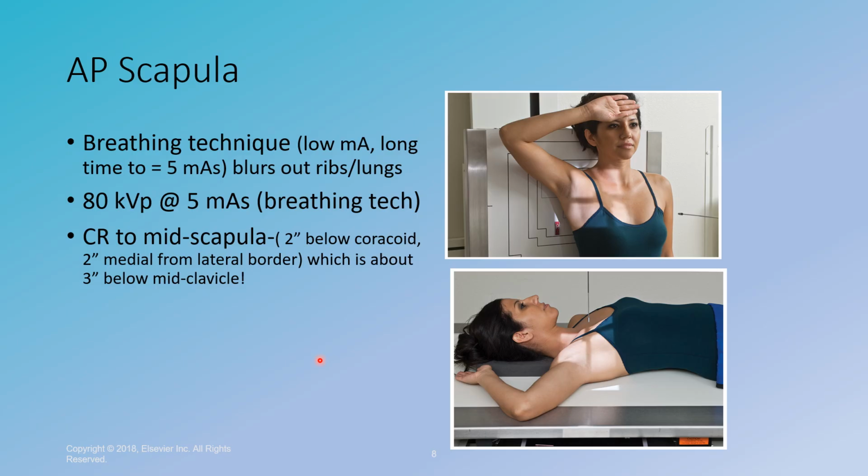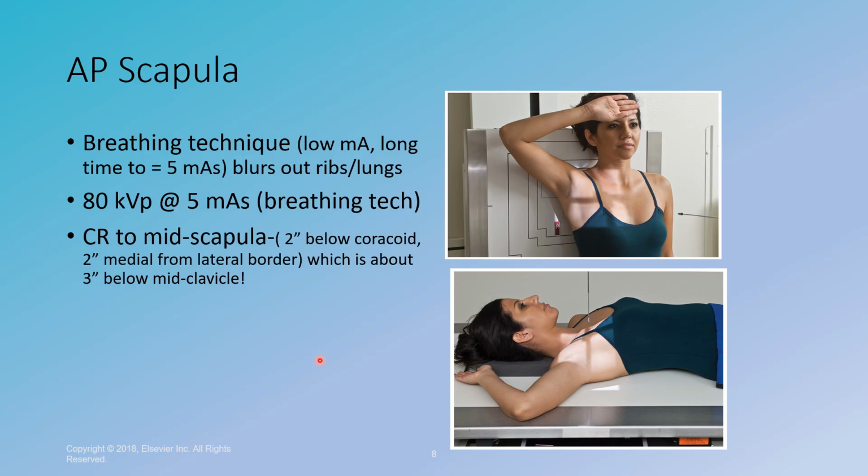Now, this particular image you do have to use orthostatic breathing with, which means you're using a low mA and a long exposure time, at least 3 seconds, but ideally 4 to 5 seconds is preferred. So for AP scapula, you're using a breathing technique, and you're using about 80 kVp at 5 mAs to accomplish that.